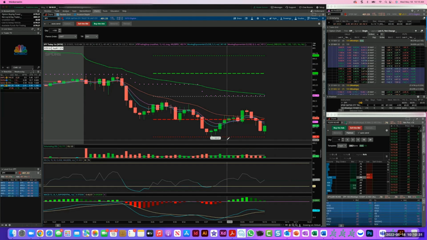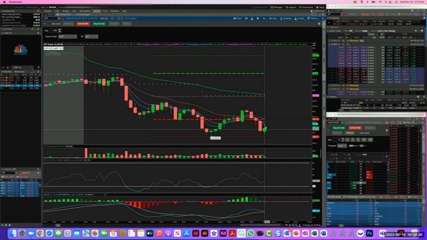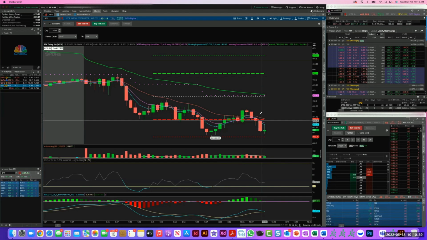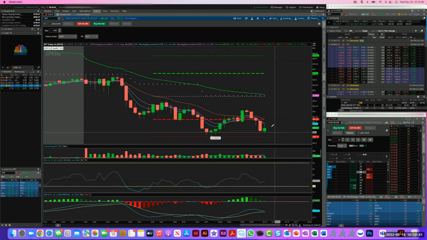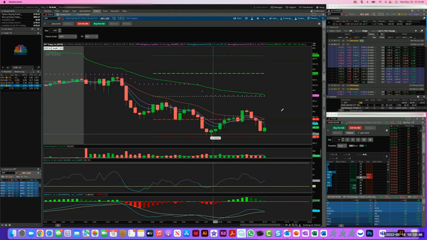Our previous low in SPY is 400.87. This candle, the low is 400.94. So we have a higher low. We just want to stay above this low here and not make a new low to have some success to the upside.